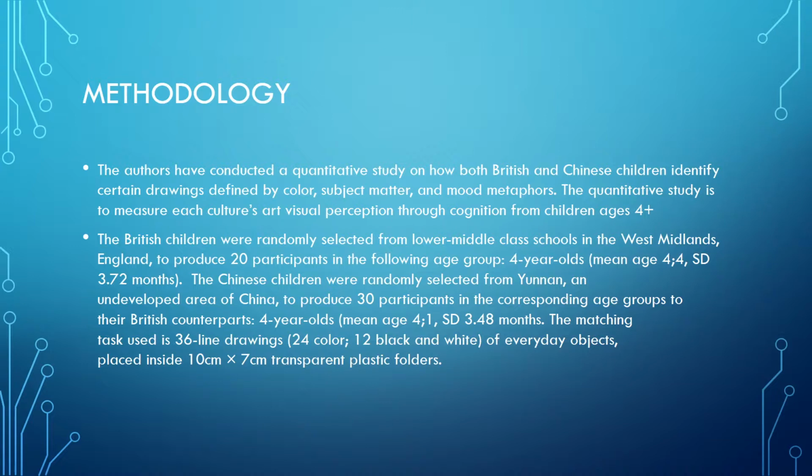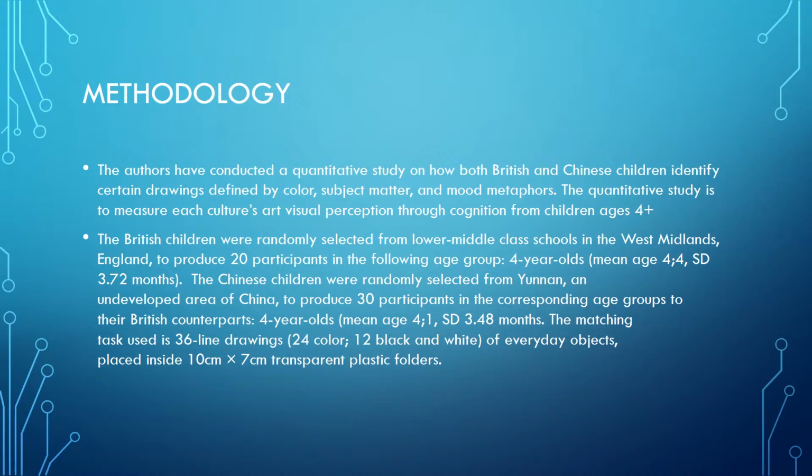There are two groups. The British children were randomly selected from lower middle class schools in West Midlands, England, and they picked 24 four-year-olds. The Chinese children were randomly selected from an undeveloped area of China called Yunnan, and they picked 30 participants.